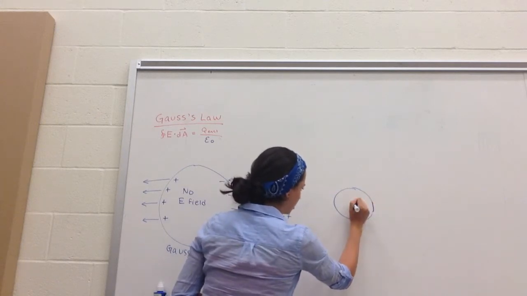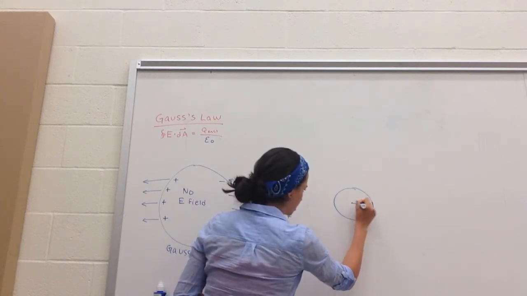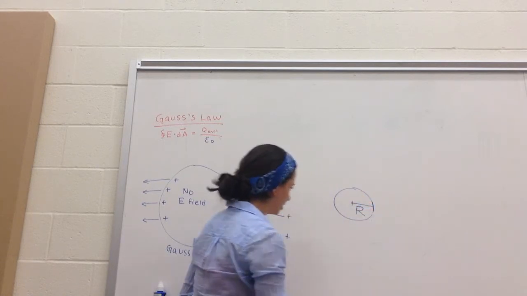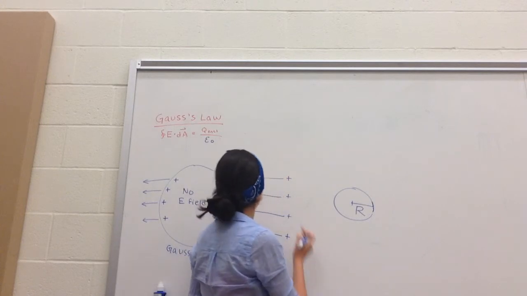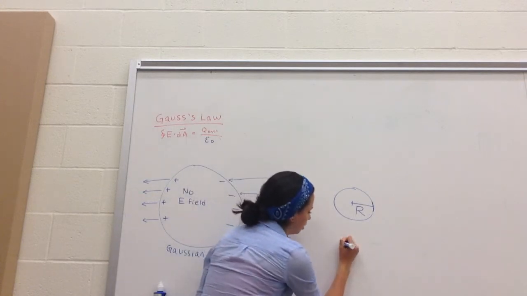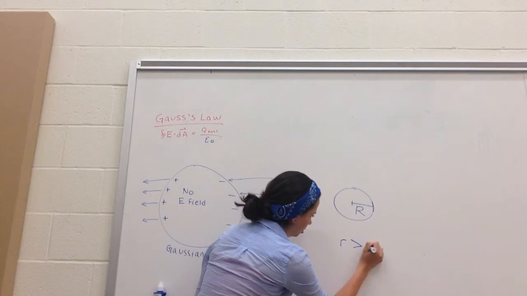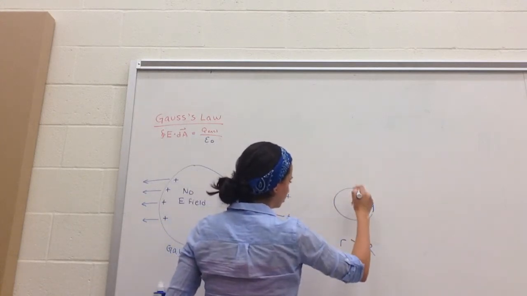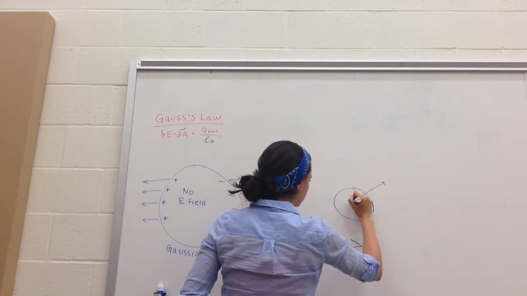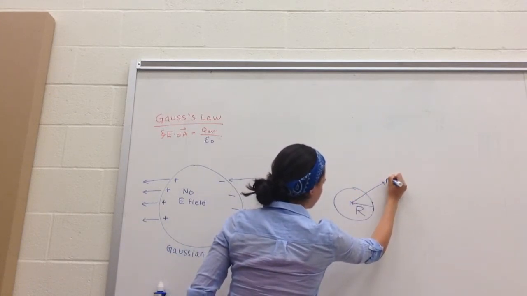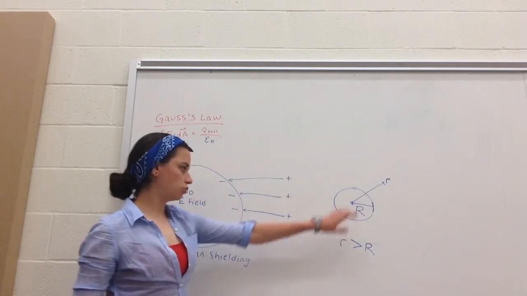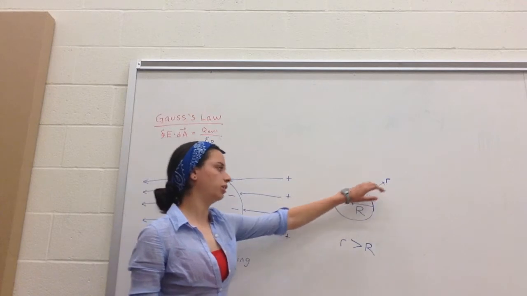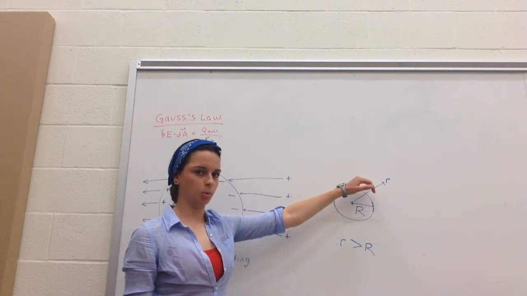And say that the distance from the center to the outside is capital R. And the problem asks you for what the electric field would be if little r is greater than big R. So that means that little r is somewhere out here. In that case, you can just treat this sphere like a point charge because the radius that you're looking at it from is beyond the outside point.